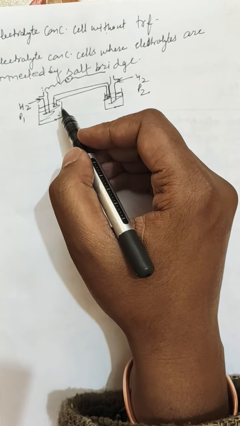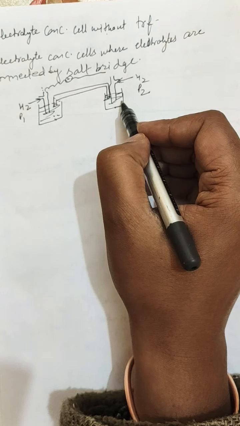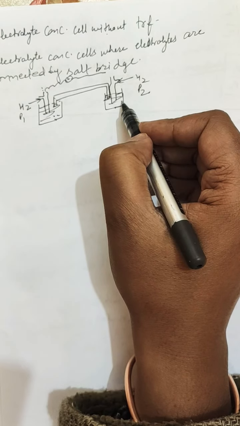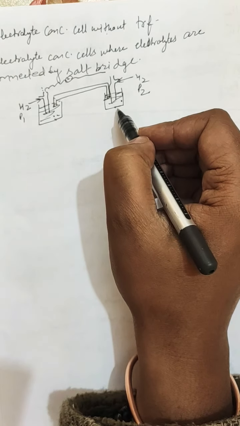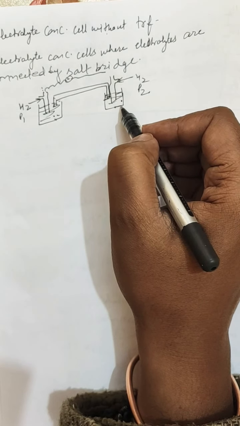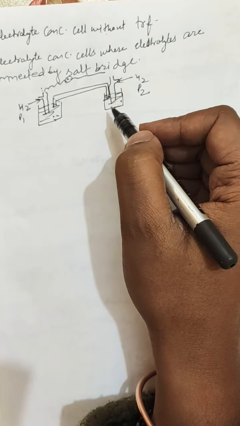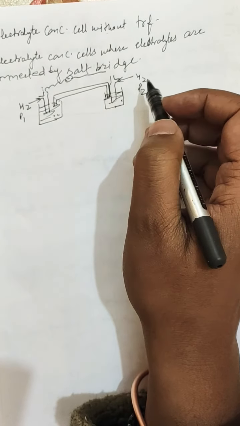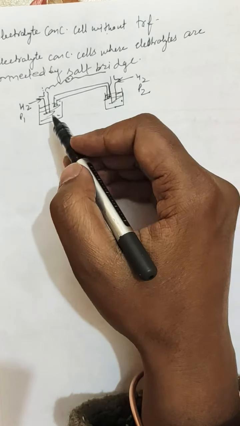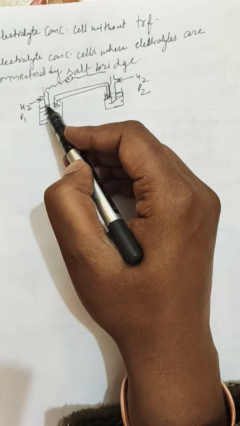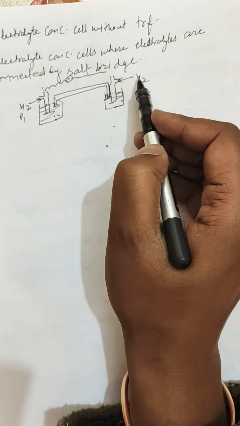But where does the difference lie? The difference lies in the concentration of the electrolyte. If the concentration of the electrolyte in one container is A1, then the concentration of the electrolyte in the second container will be A2. Previously we studied the electrode concentration cell. So what is the difference between the electrode and electrolyte concentration cell? If it were an electrode concentration cell, then there must be a difference between the concentration of the two electrodes.